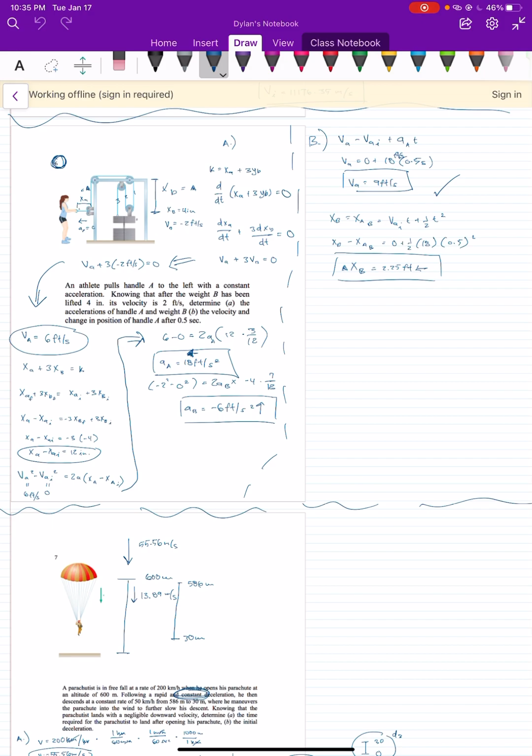Number 6 was pretty confusing, but ultimately I found out how to do it. I wrote an equation with my unknown k equals xa plus 3 times yb, because there were 3 different pulleys.